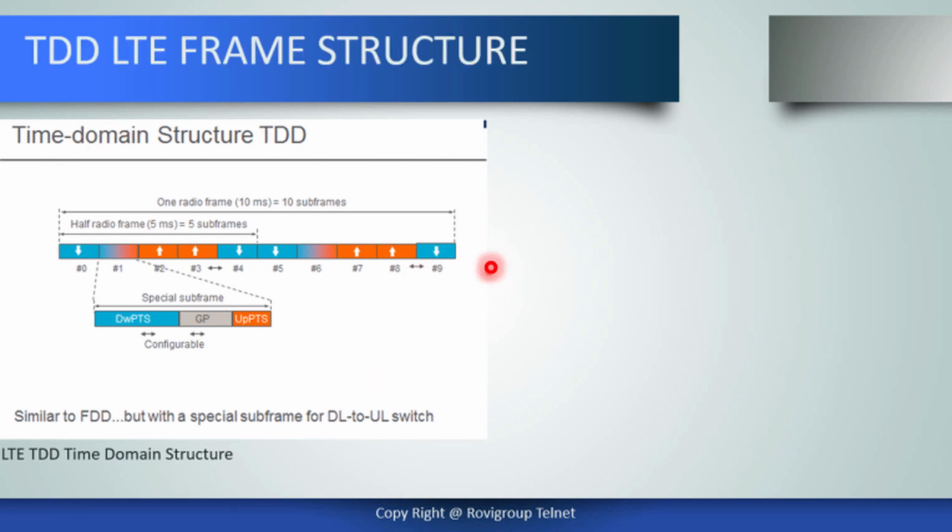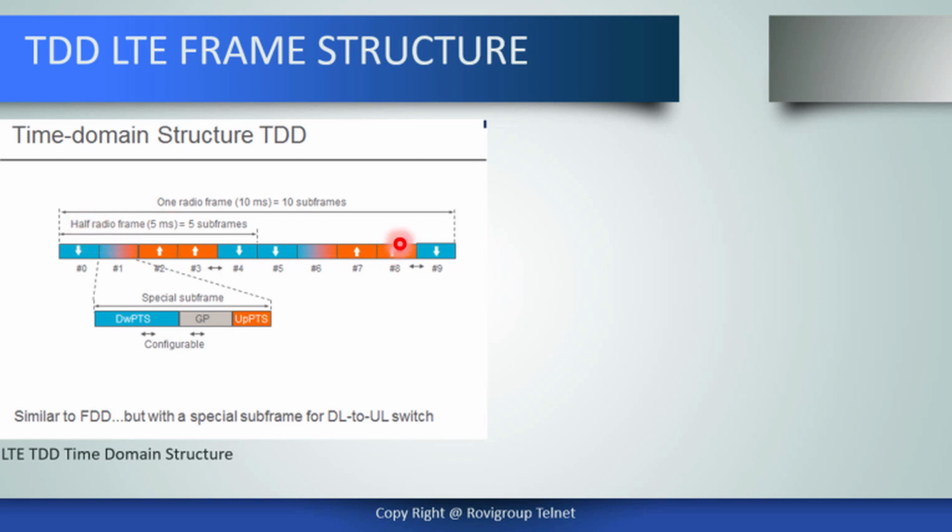Here we have a TD-LTE frame structure. Before going to the TD-LTE frame structure, maybe most of you already know that the main difference between TDD and FDD is simply that in FDD we have different frequencies for uplink and downlink, and in TDD we have only one frequency and that is used for uplink and downlink at different times.